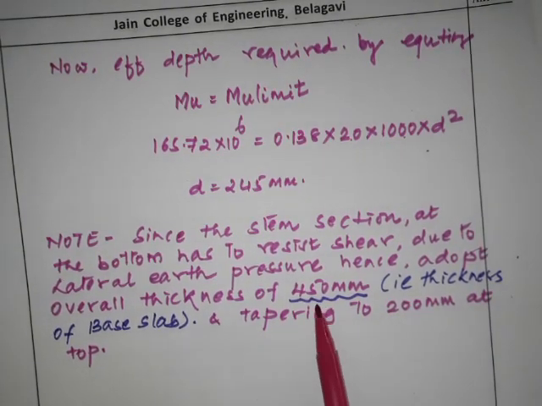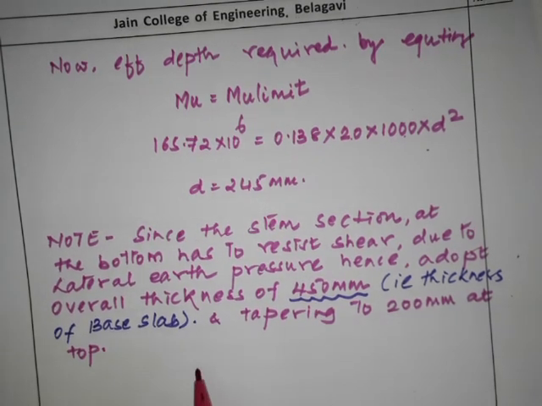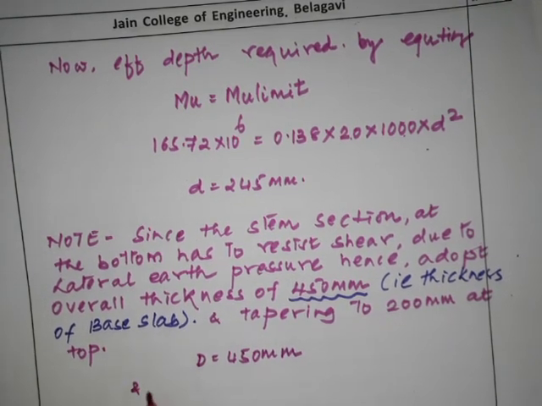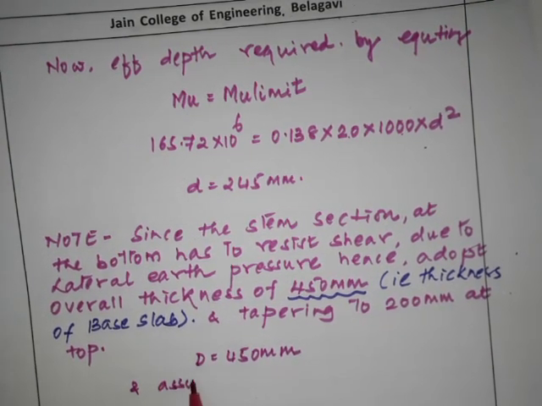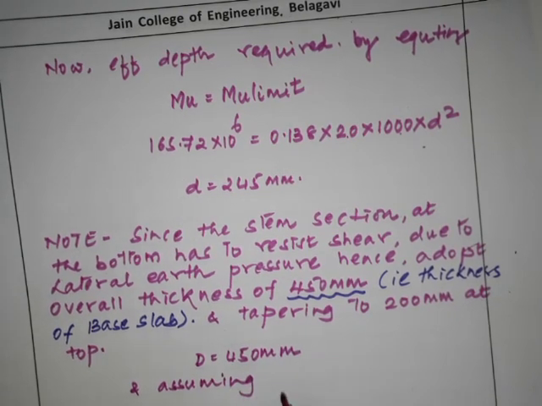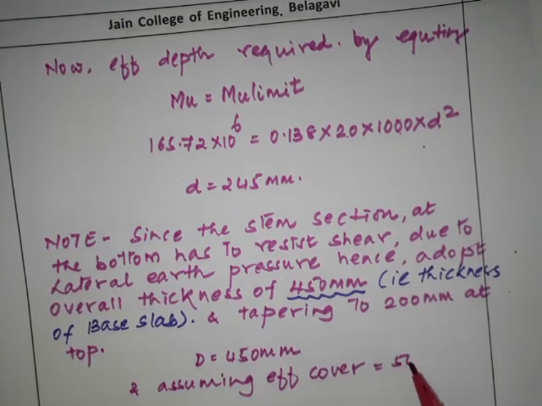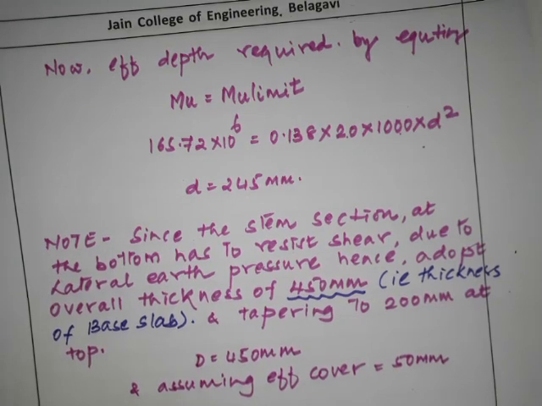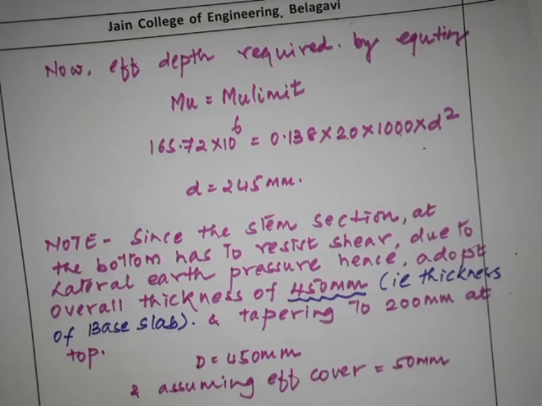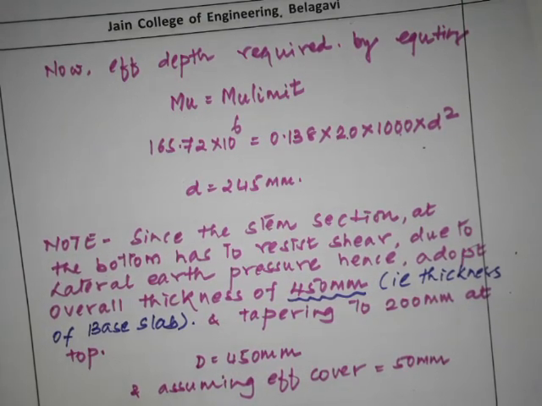The thickness will be 450 mm, so T or D is 450 mm, and assuming effective cover is equal to 50 mm, therefore d should be equal to 400 mm. The depth of stem is 400 mm.